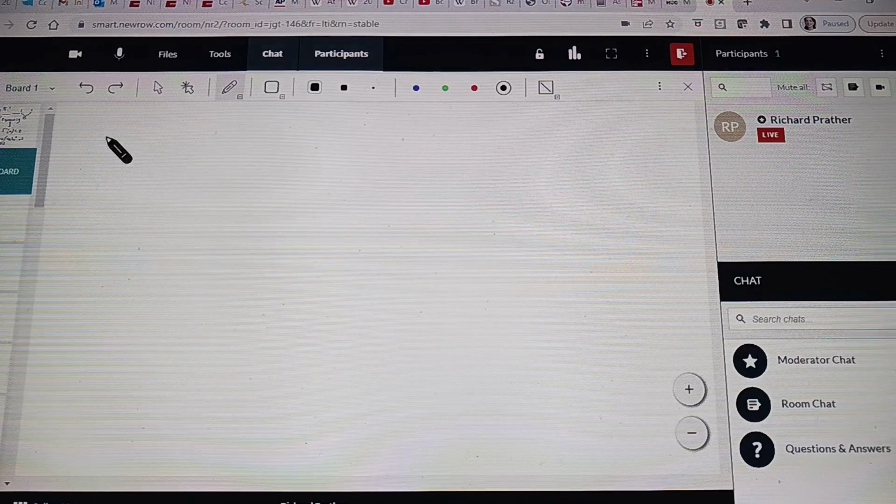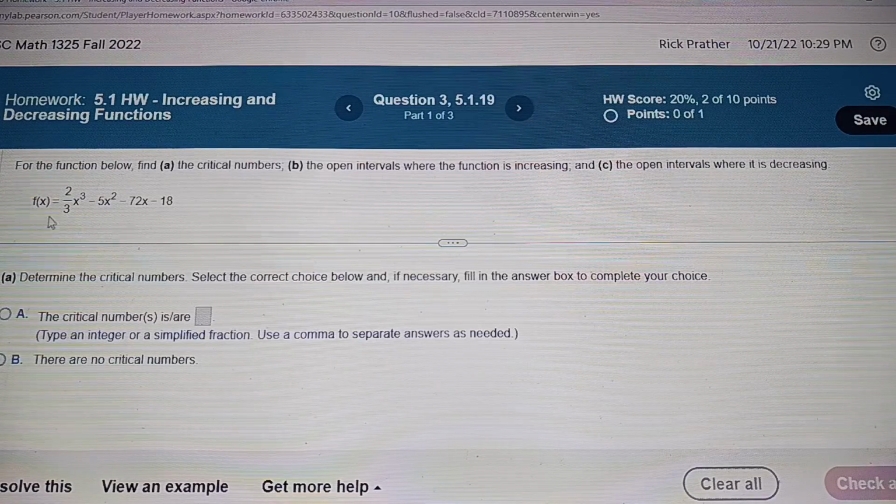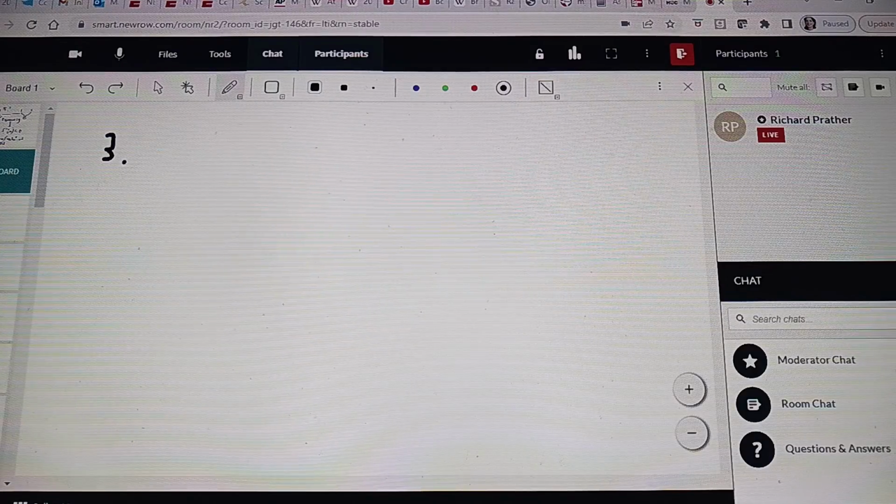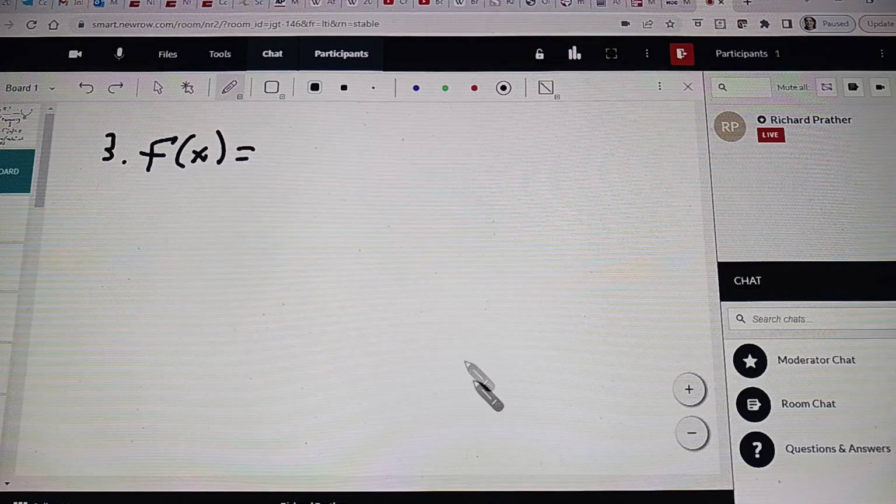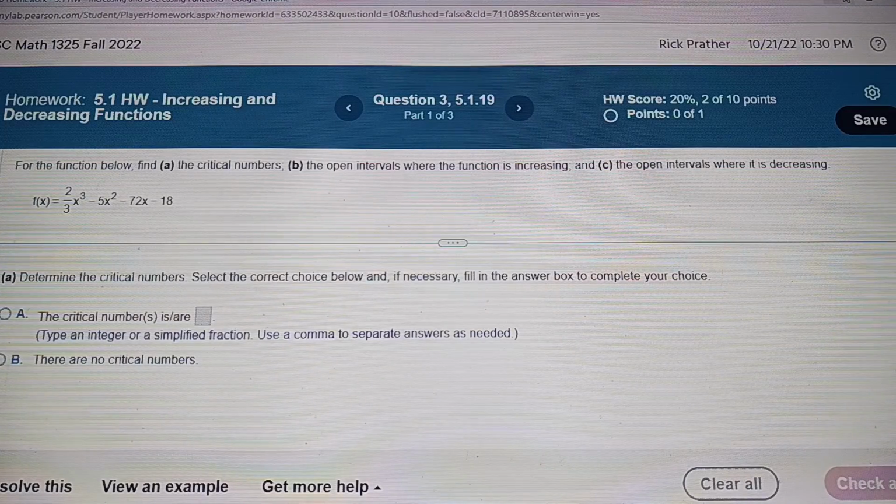Okay, so number 3. Now, one nice thing when you deal with polynomials is polynomials, they're continuous smooth curves. They have no issues in them. So you can find derivatives everywhere in a polynomial. And they don't have any undefined spots. There's no issues with like corner points or vertical tangent lines. So polynomials are nice and clean. Nothing weird about them, unless just their numbers are high or messy.